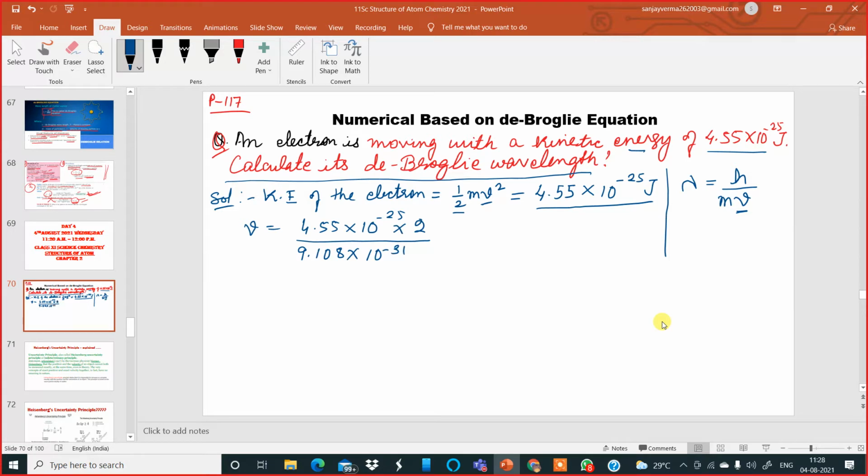Now this was v square, so I bring the square to the other side, so this becomes everything raised to the power of half, raised to the power of 1 by 2.